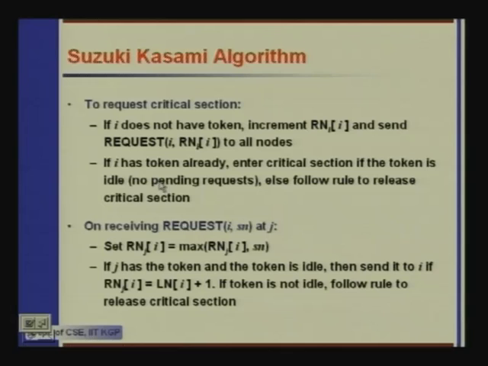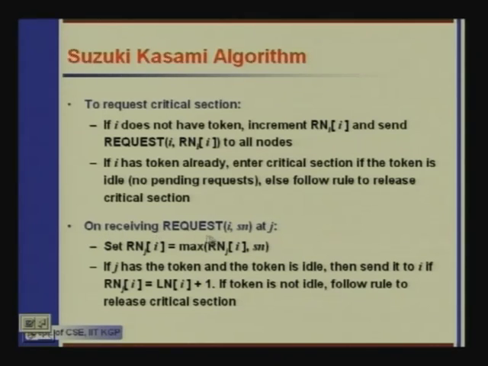Otherwise, if the token is not idle, that is, in its queue there are some pending requests, then we will follow the rule to release the critical section. That means that this token is with me, the token is not idle, that means I must have completed some critical section, now I have to release the token. There are rules for that, we will see shortly, that is what is to be followed in this case.